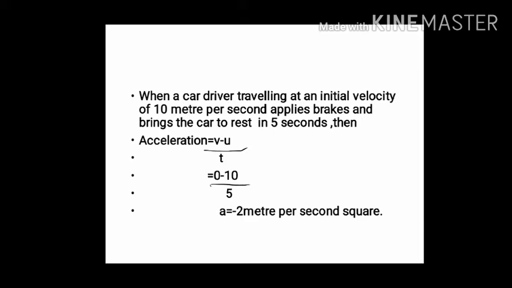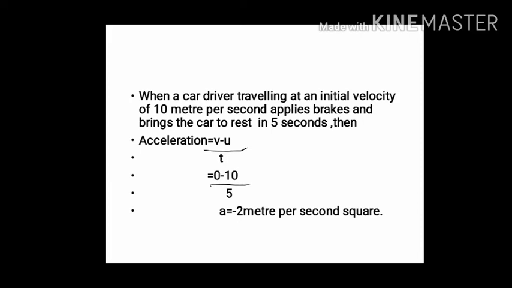When a car driver traveling at an initial velocity of 10 meter per second applies brakes and brings the car to rest in 5 seconds, then acceleration a equals v minus u by t, that is, 0 minus 10 by 5. Here 0 is the final velocity.